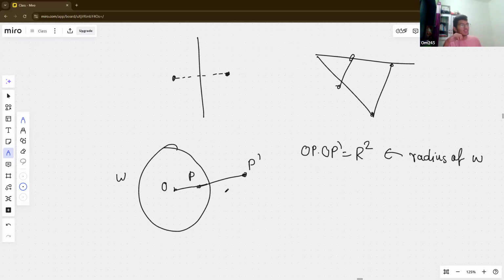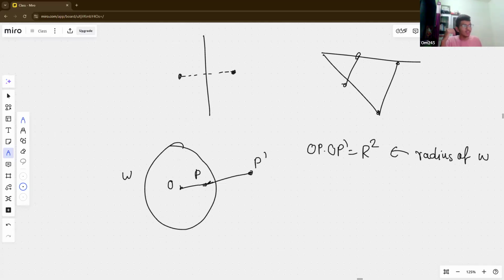So the basic transformation is that you consider any point and send it to P dash such that this equation is satisfied.